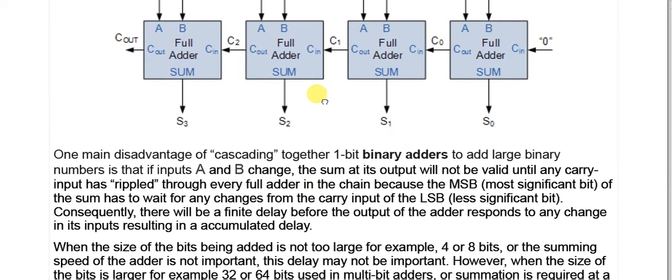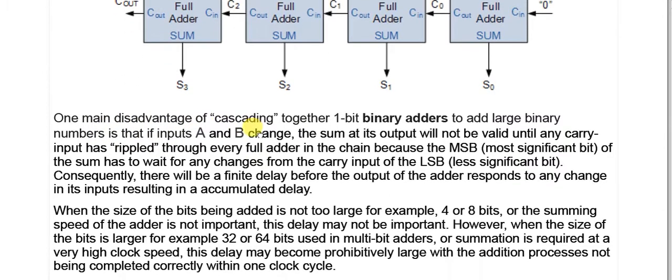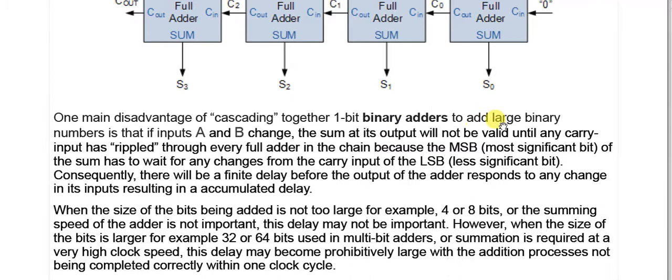One main disadvantage of cascading together 1-bit binary adders to add large numbers is that when the inputs A and B change, the sum output will not be valid until any carry input has rippled through every full adder in the chain, because the most significant bit of the sum has to wait for the changes from the carry input of the least significant bit.